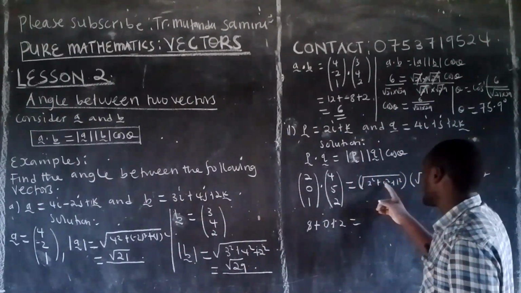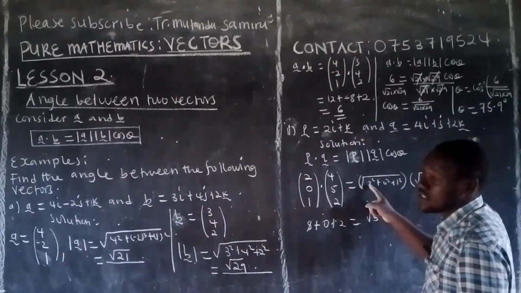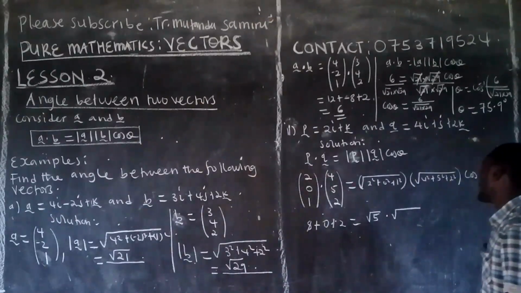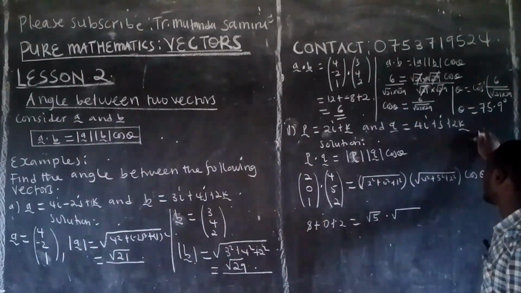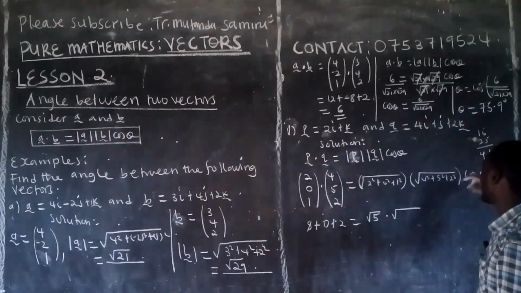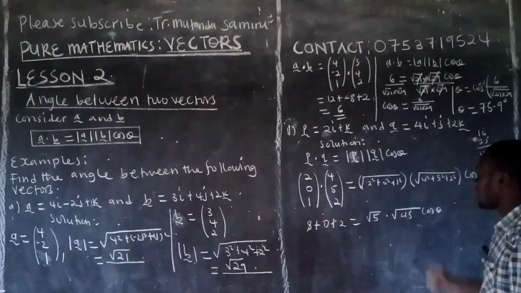Then here we have the square root of 5, because 2 squared is 4 plus 1 is 5. Squaring here, we have 16 plus 25 plus 4, so you have 45, times cos of theta.